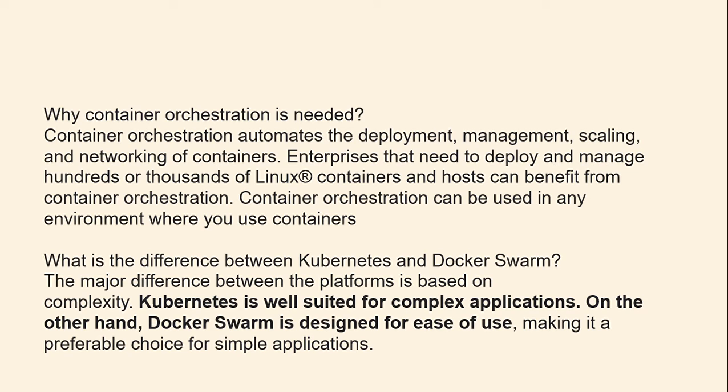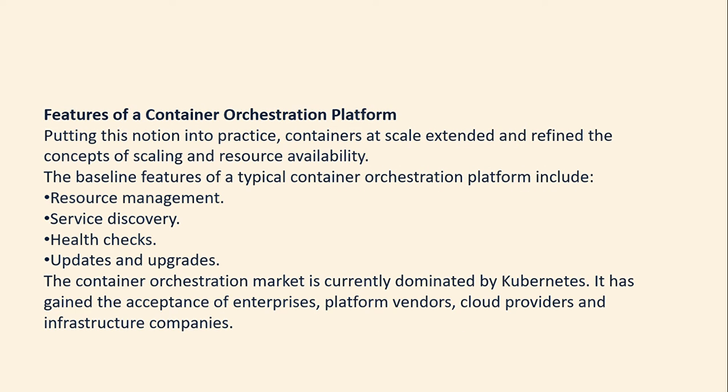So what is the difference between Kubernetes and Docker Swarm, which are two important and popular tools for container orchestration? The major difference is that Kubernetes is well suited for complex applications. On the other hand, Docker Swarm is designed for ease of use, making it a preferable choice for simple applications. Some of the features of a container orchestration platform are resource management, service discovery, health checks, updates and upgrades.